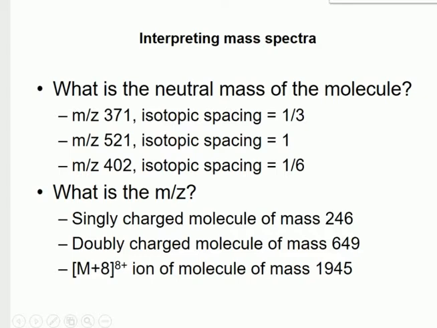Has everybody got an answer for these? Good. So what's the answer to the first one then? If you've got a mass to charge of 371 and an isotopic spacing of a third, what is the neutral mass of the molecule?